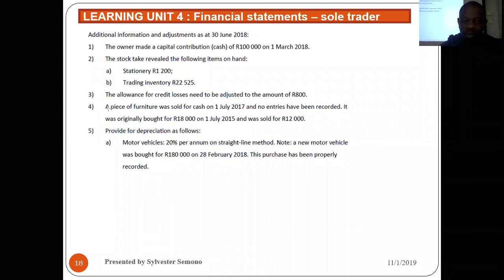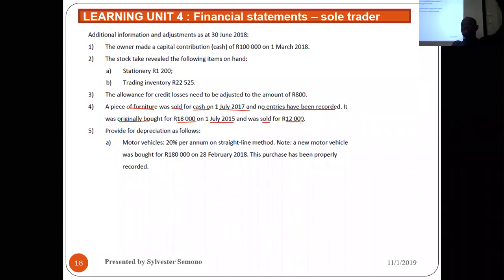They say a piece of furniture was sold for cash on the 1st of July, and they say the entries are still to be recorded. They say the furniture that you are selling was originally bought, this is important, for how much? 80. And it was bought when? 1st of, you see, and then it was sold for how much?